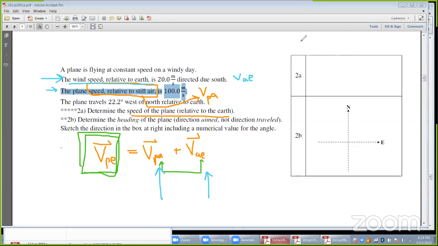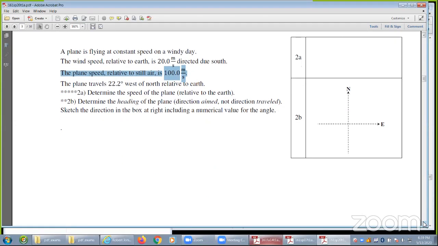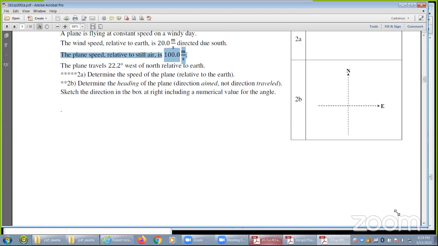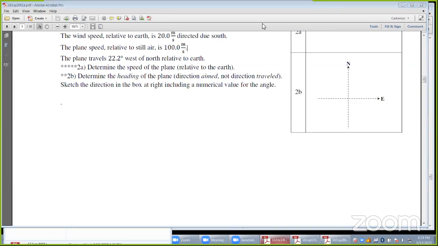Let me, I need a little bit more space. So let me scroll down here. All right. So now in this case, the idea is, you've got the wind here and you've got, let's say, the plane relative to air. So we've got a blue vector, and let me see something here really quick.